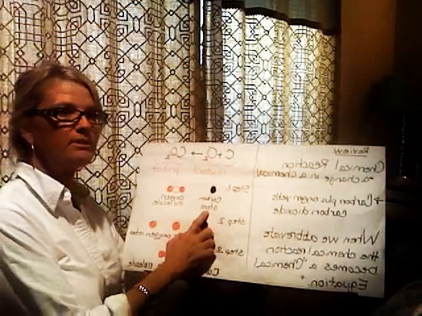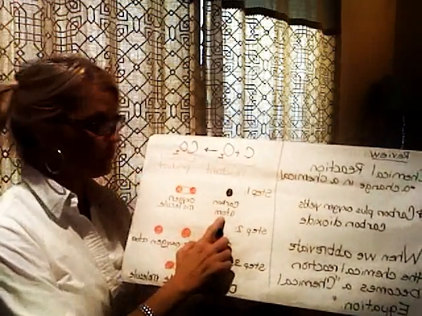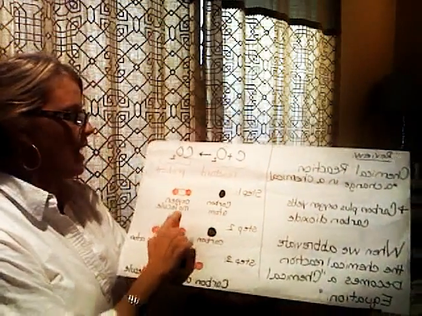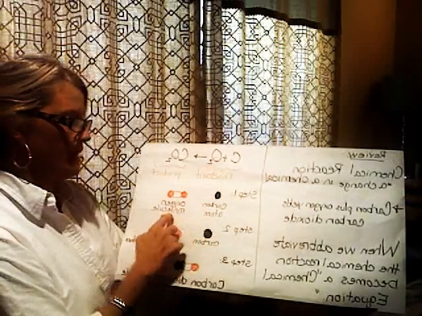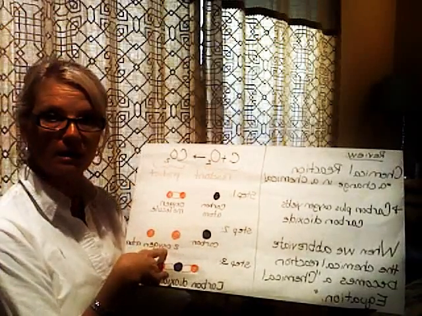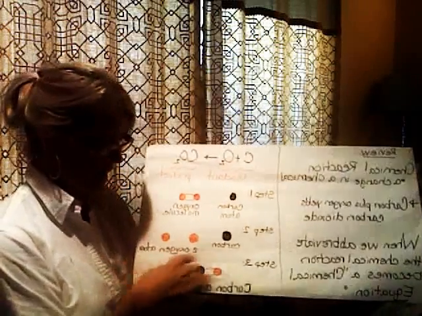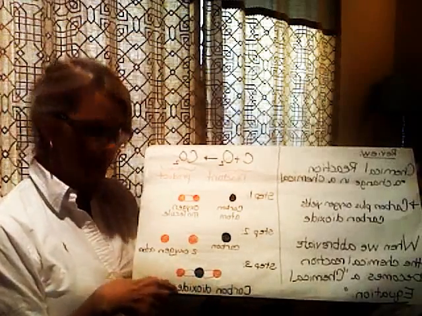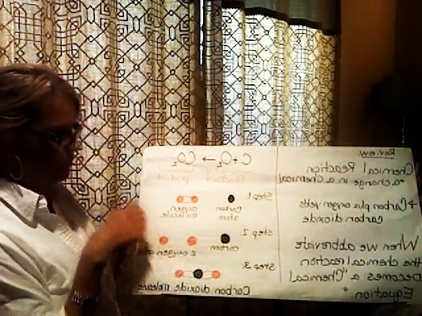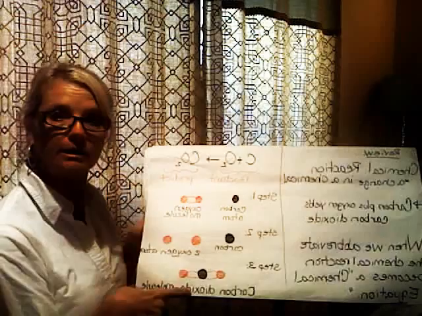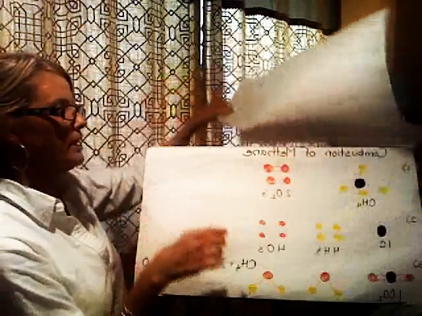Down here in our steps we have step 1, which is a carbon atom and the two oxygen molecules. When they react together, the oxygen molecules will split apart, and then recombine to form a whole new molecule, which is CO2. And down here we have that example.